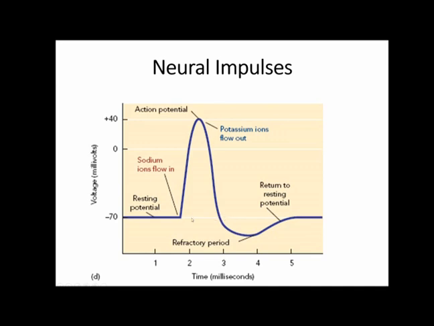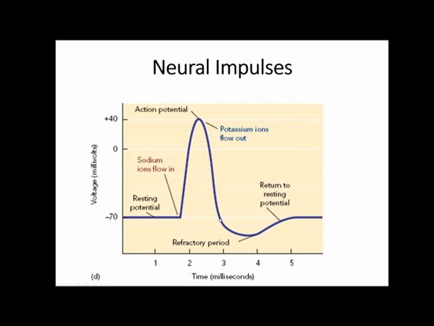So instead of coming right back to -70, which is our resting potential, we actually enter what's called the refractory period. And this is the point when there are more positive ions outside than there should be to be at our resting potential.